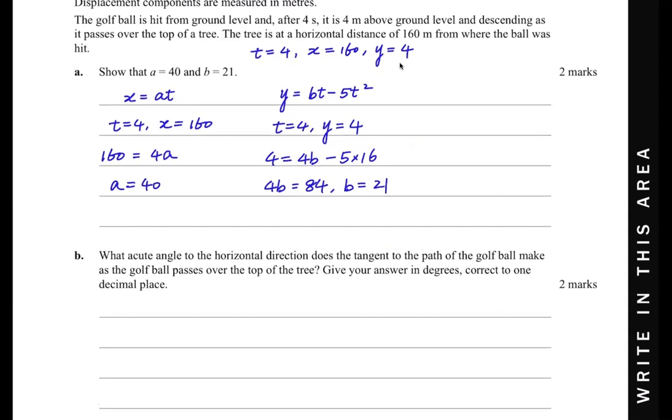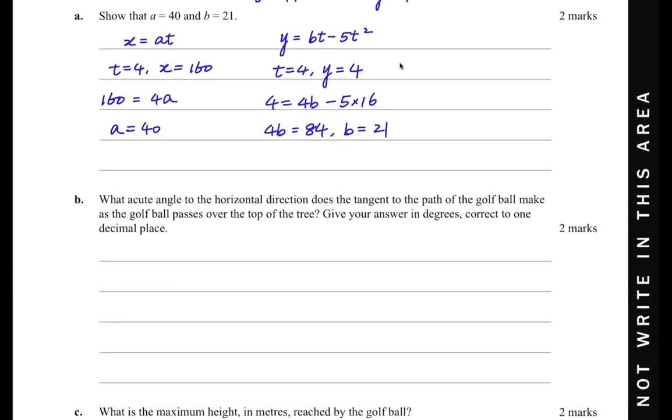What acute angle to the horizontal direction does the tangent to the path of the golf ball make as the golf ball passes over the top of the tree? Give your answer in degrees correct to 1 decimal place. So your position vector r of t is 40t i plus (21t minus 5t squared) j.